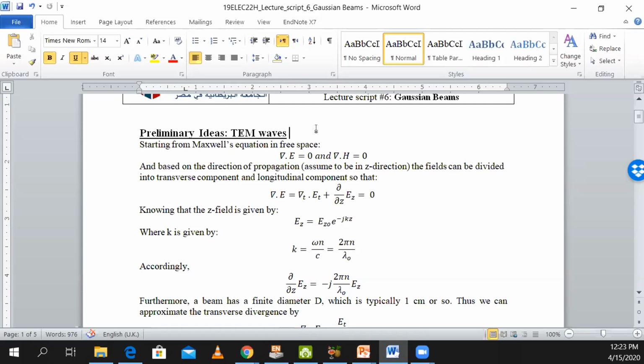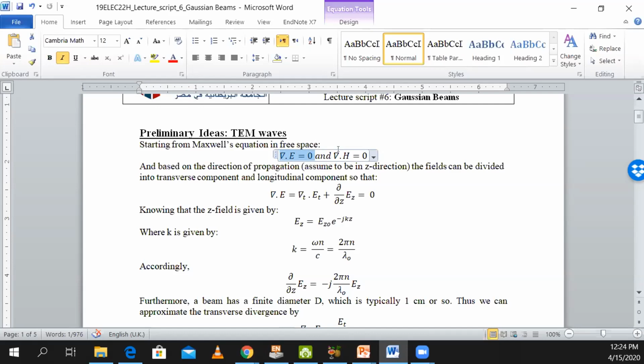Again, if the medium is isotropic, I mean that epsilon r is not a function of x or y or z. That's why you can say simply that div E equals 0. So it's a simplified form from the original equation, which is div D equals 0. So the simplified form is that div E equals 0 when you have a free charge region and when the system is isotropic.